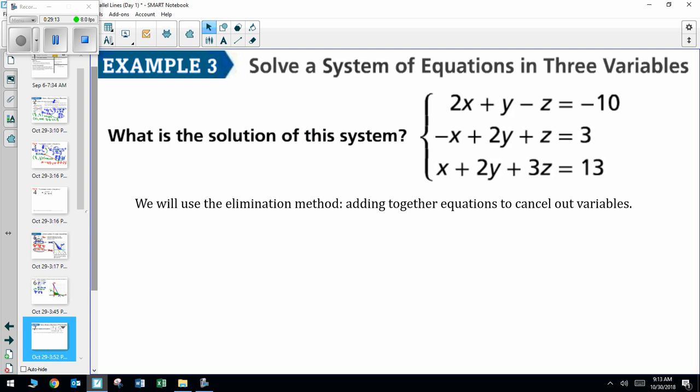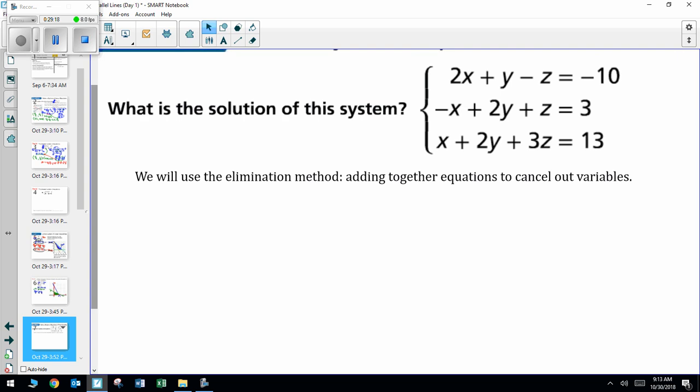So, in solving this system, I'm going to call these A, B, and C. I'm going to begin this problem by adding together A and B.